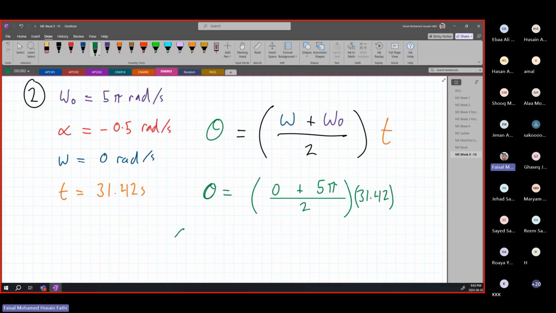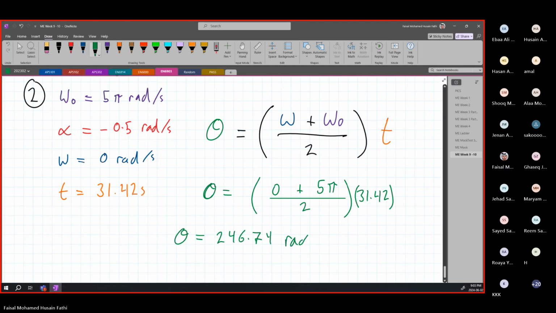So theta, our second phase displacement, is equal to 5 pi divided by 2 times 31.42. You get 246.74 radians, since we're talking about angular displacement.